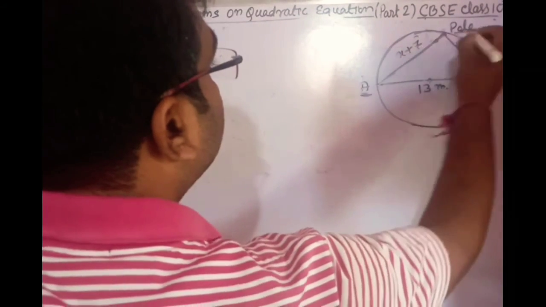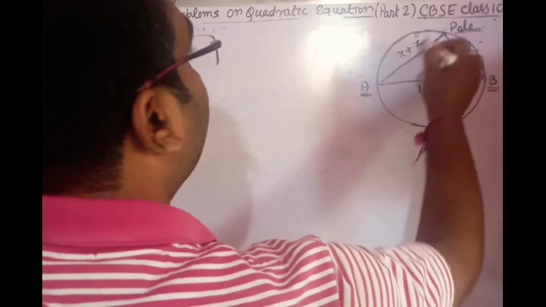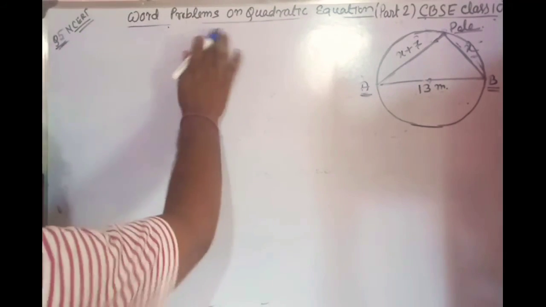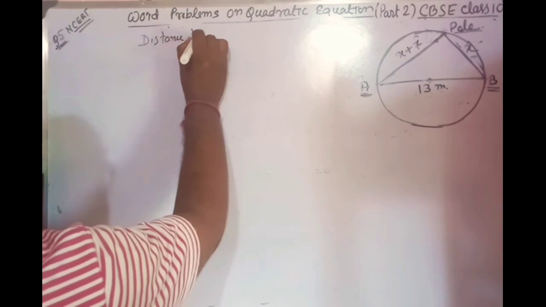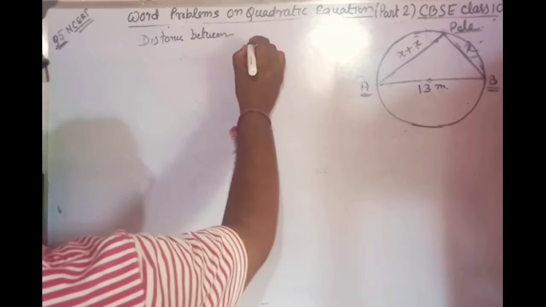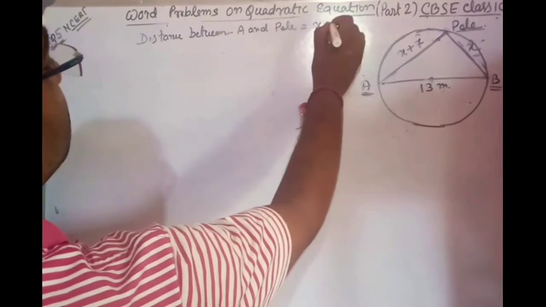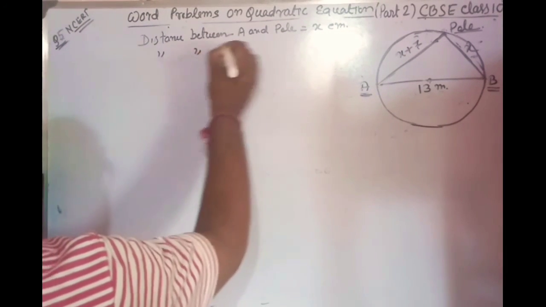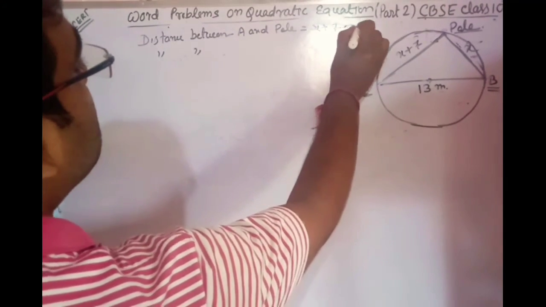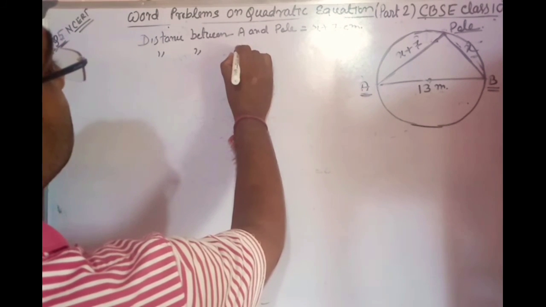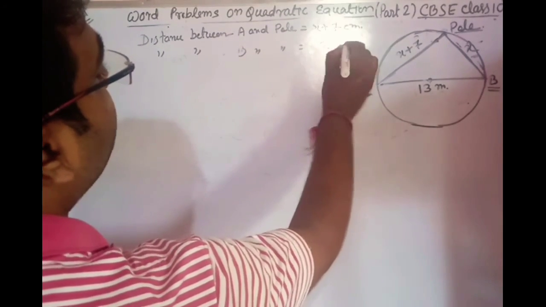So we take the distance between B and the pole as x centimeter, and the distance between A and the pole as x plus 7 centimeter.